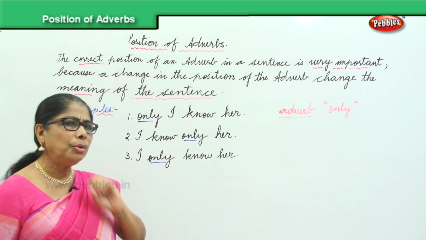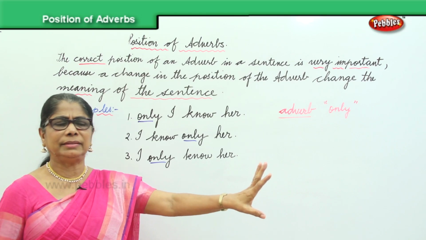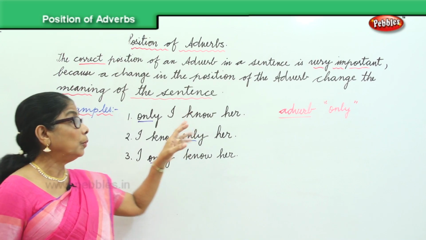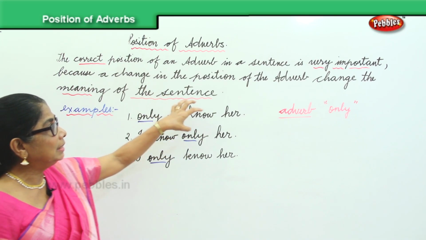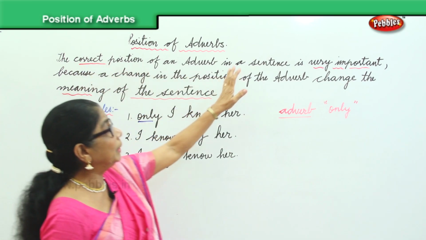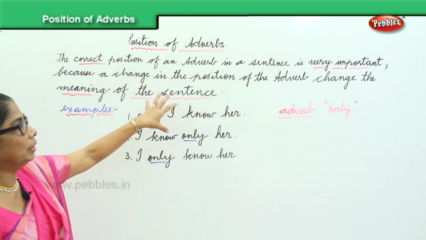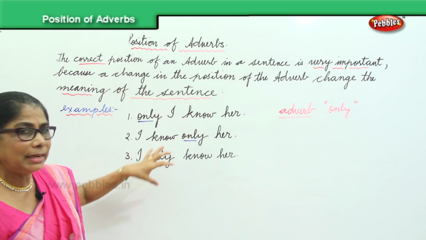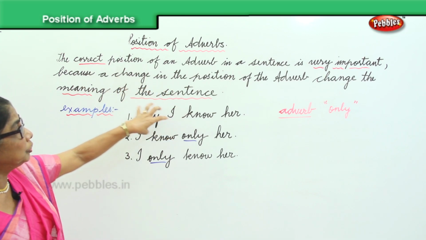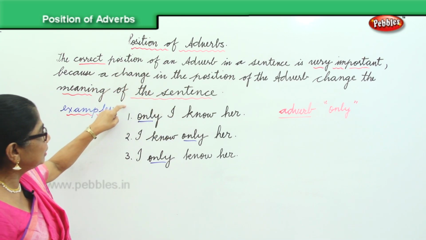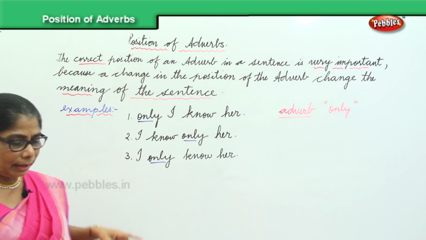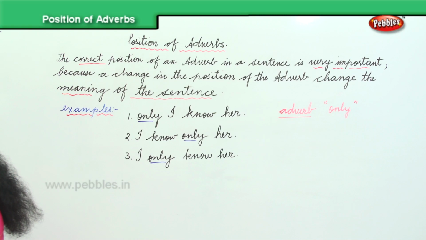I know only her. Nobody else. I only know her. When the adverb is placed differently, the correct position of an adverb in a sentence is very important. In every sentence, it is correct, but because of a change in the position of the adverb, the meaning of the three sentences changes. Okay, now I want you to look at one more.